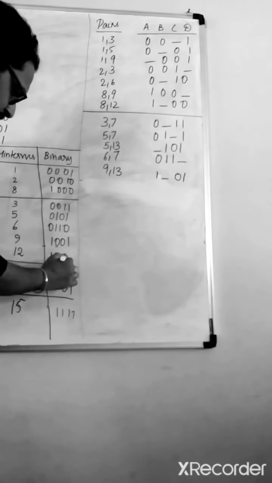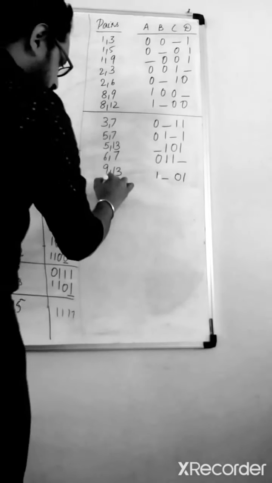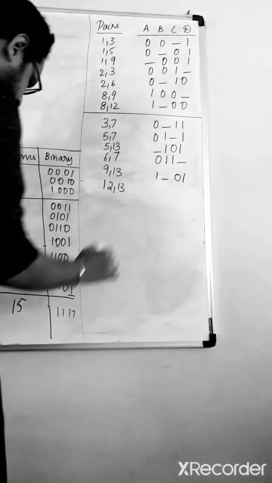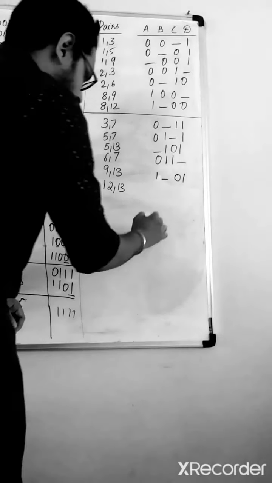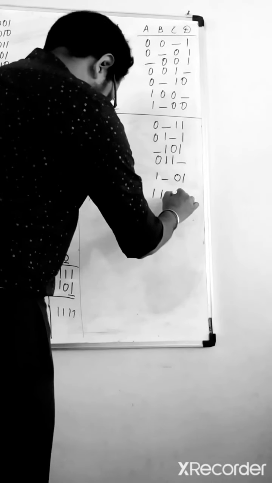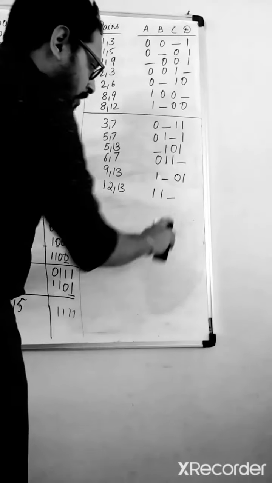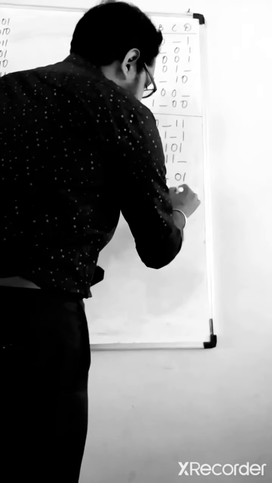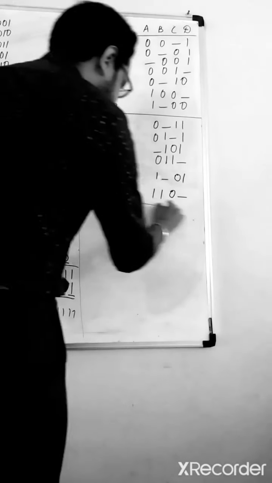So there is a change in this bit. Okay, I missed it. 12 and 13. So we get the result as 1, 1, 0, dash. I think it's clear.